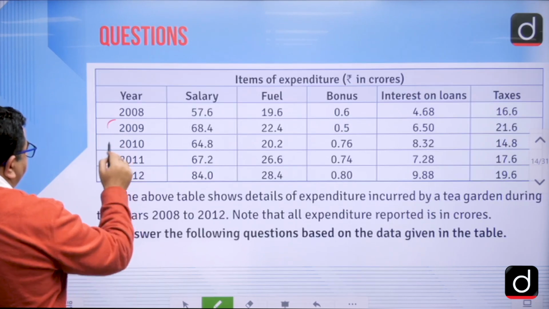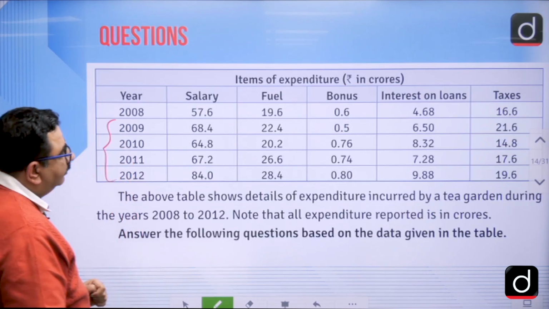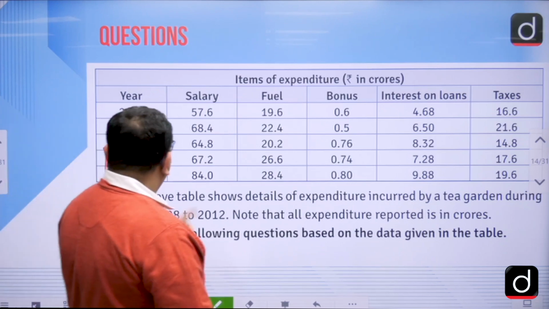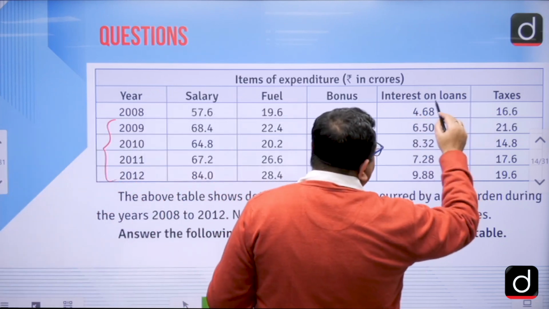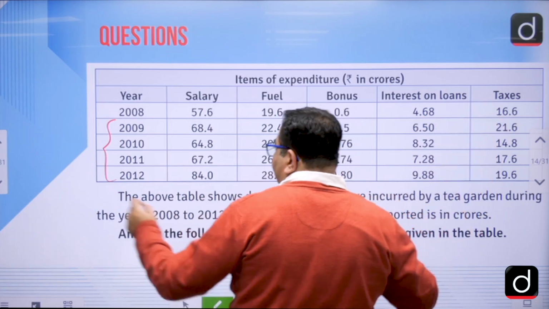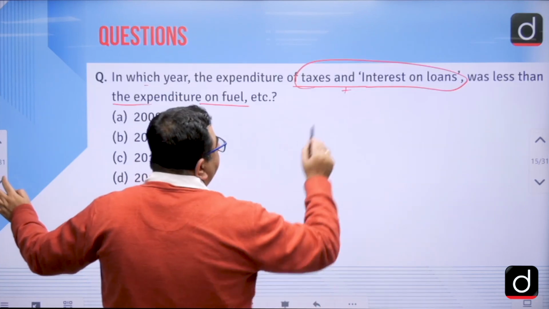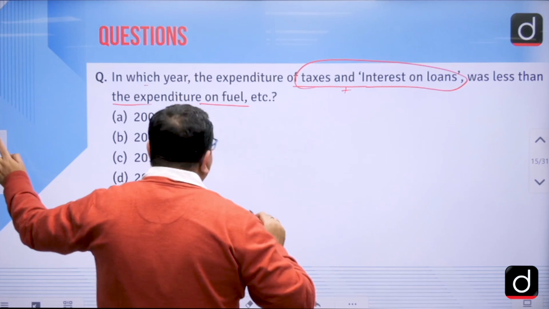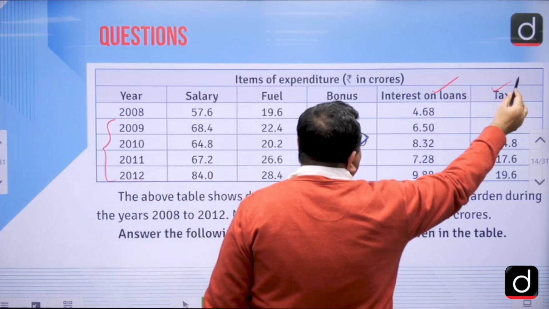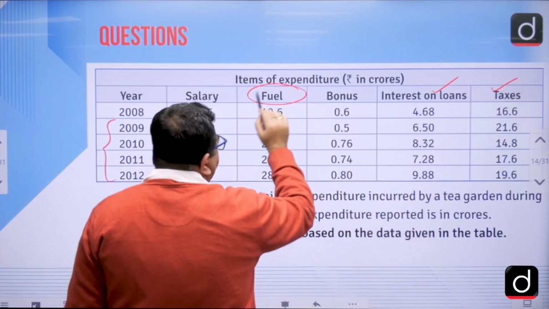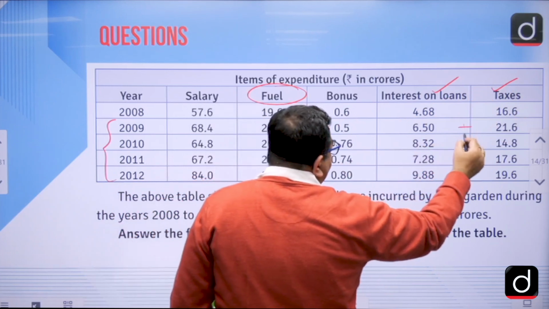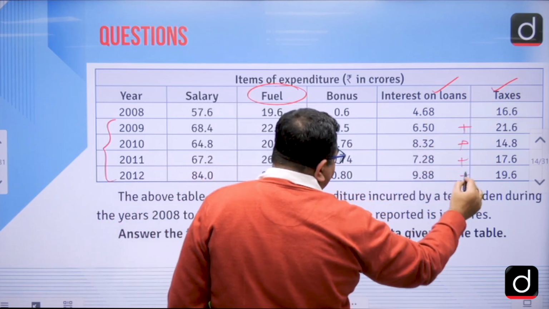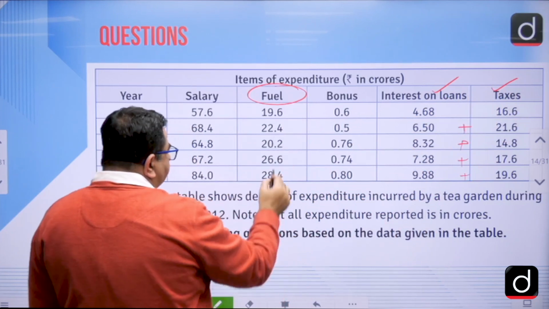So we'll be considering only this bracket, right? So this we can see interest on loan and taxes. I suppose the same thing. Taxes and interest on loans, and this is what? Fuel, right? So these two, right? These two are here, sum of these two, and these are the numbers.